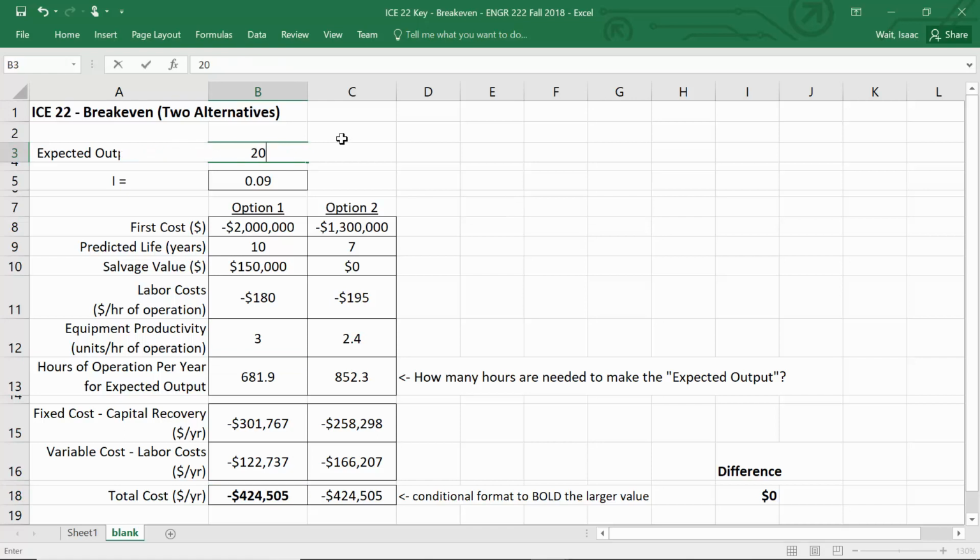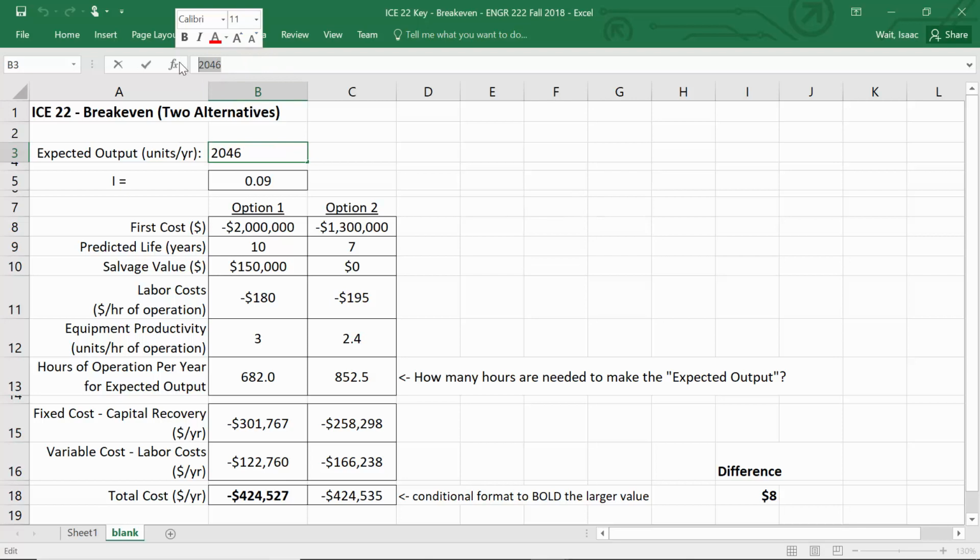You can't make a fraction of a unit. So 2046 is the closest. It's pretty close to 0 for the difference, but what it shows is that they're essentially the same cost when you're making about 2046.